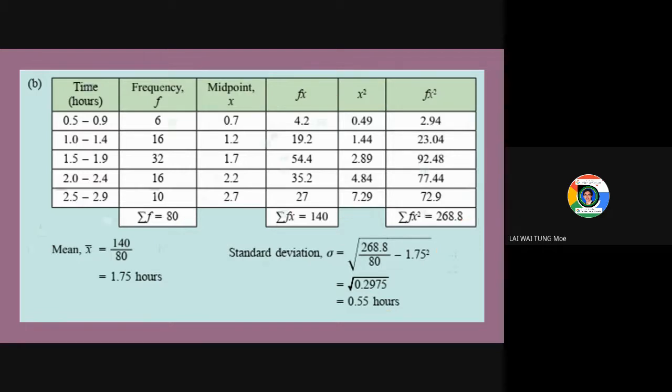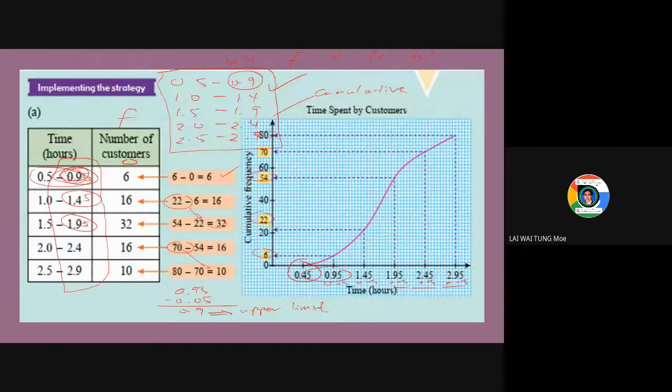Sometimes the question will give you not an ogive, but maybe a histogram or a frequency polygon. A histogram or frequency polygon is much easier because you can read the frequency directly from the graph. But in an ogive, you need to find out the frequency by minus; you cannot read it directly from the graph.